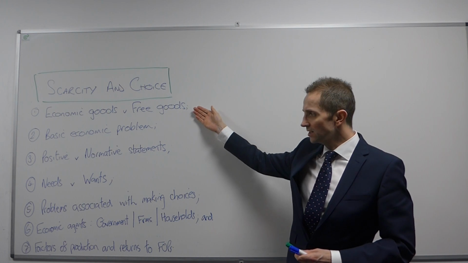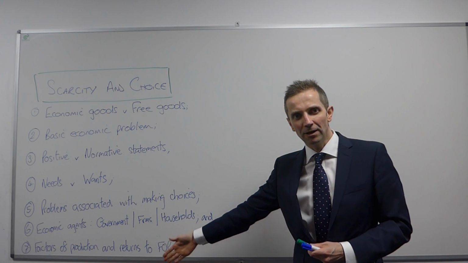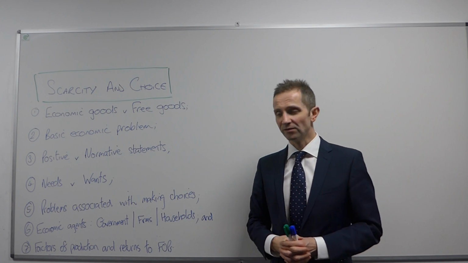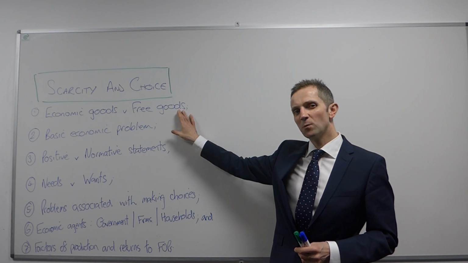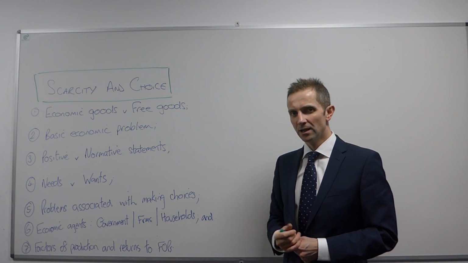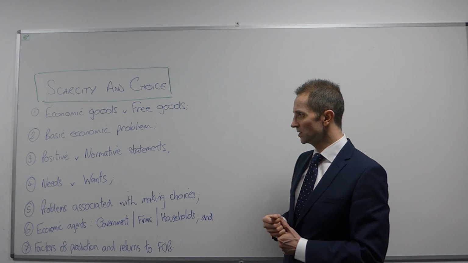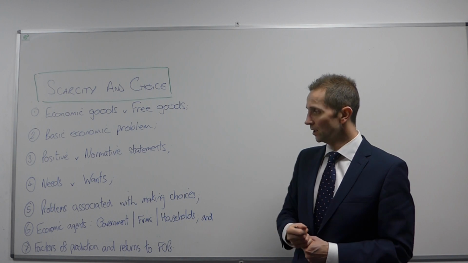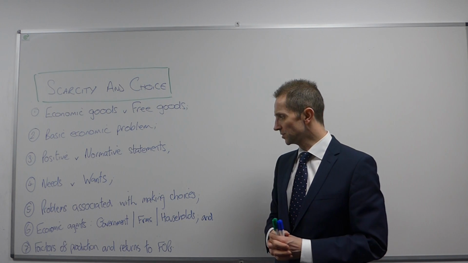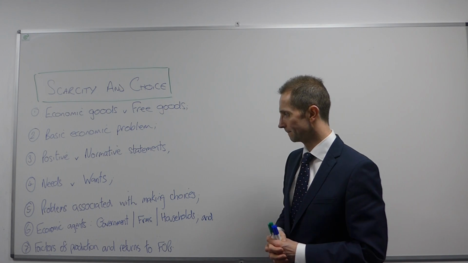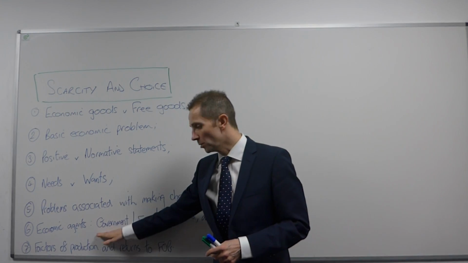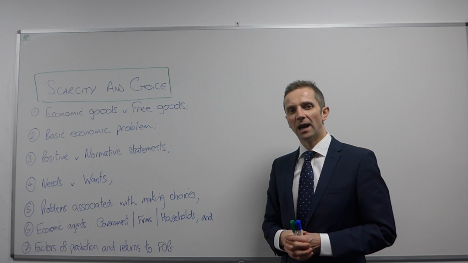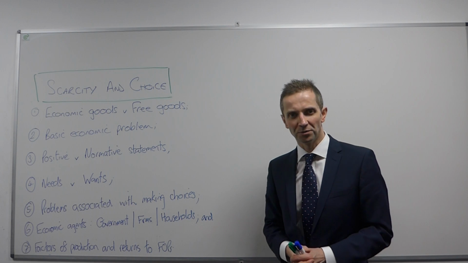The specification identifies the following 7 areas in the first section and asks you to distinguish between economic goods and free goods, to explain what's meant by the basic economic problem, to distinguish between positive and normative statements, to distinguish between a need and a want, to consider the problems associated with making choices, to consider the role of economic agents, and then finally to consider the factors of production and the returns to those factors of production.